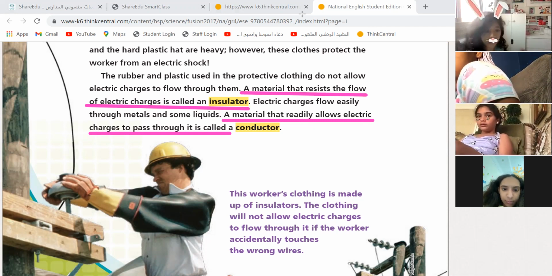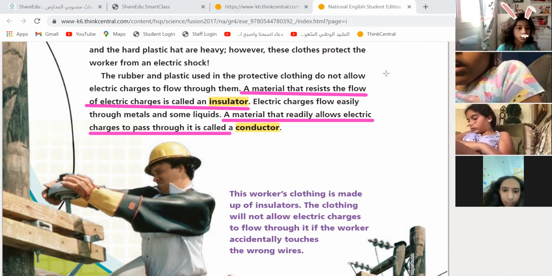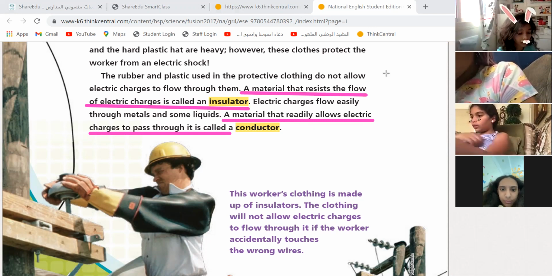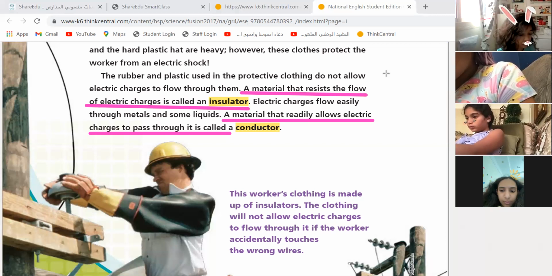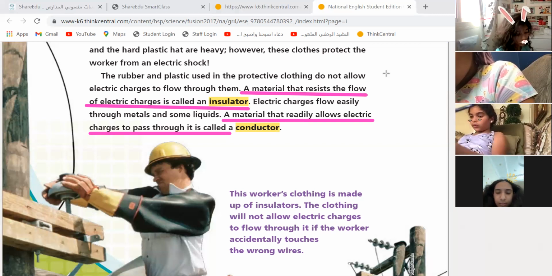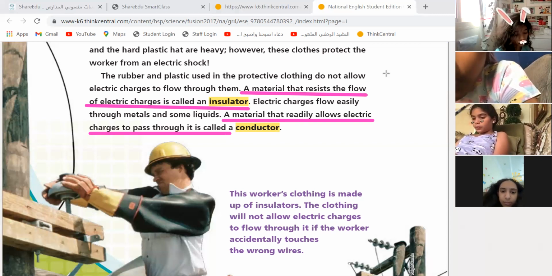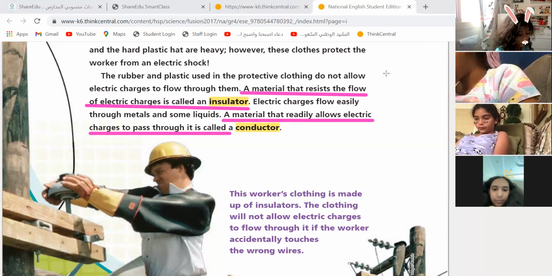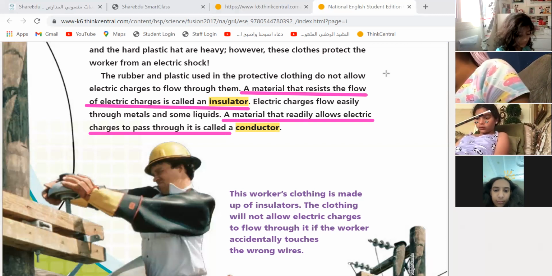Rayana, can you read for me, please? A material that readily allows electric charge to pass through is called a conductor.